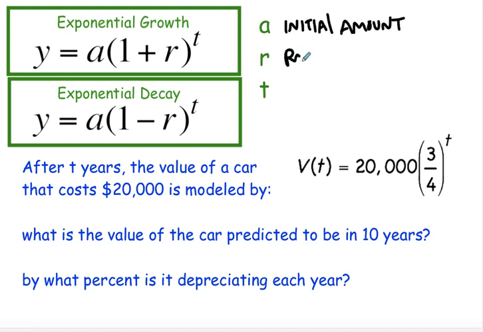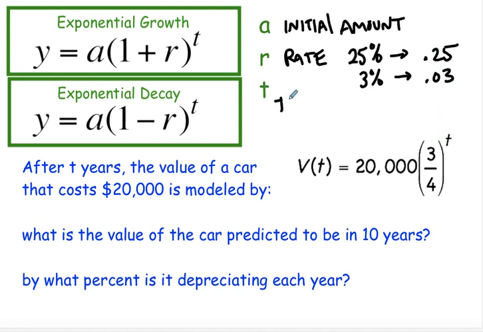R is the rate at which you are increasing or decreasing, growing or decaying. Just be careful if they tell you that the rate is 25%, you're going to plug in 0.25. So watch out for that. If they tell you it's 3%, you're going to plug in 0.03. That's a place people tend to make mistakes.